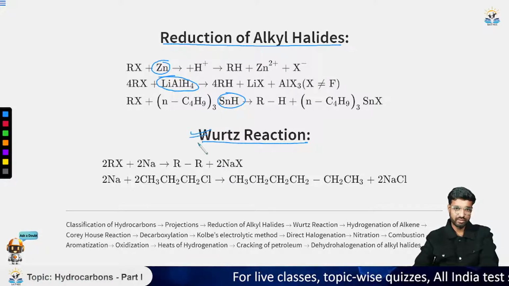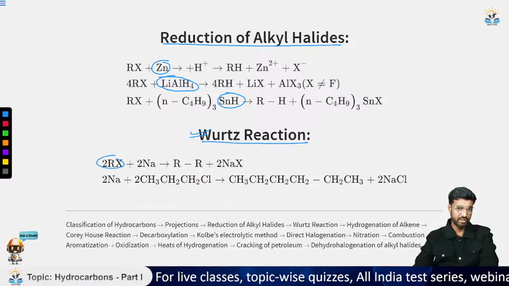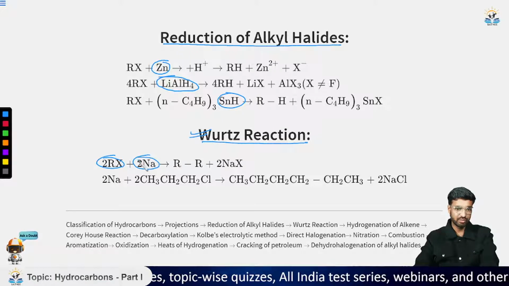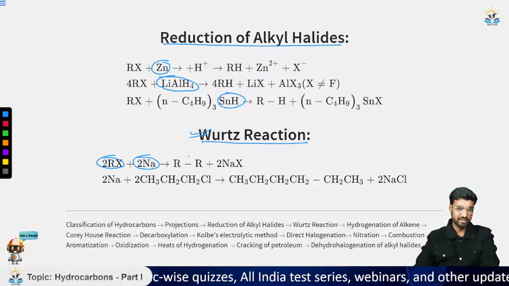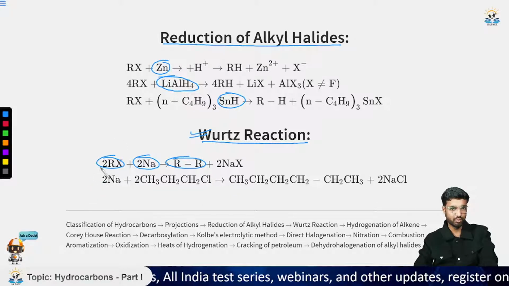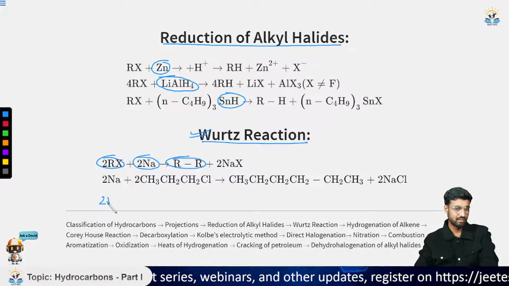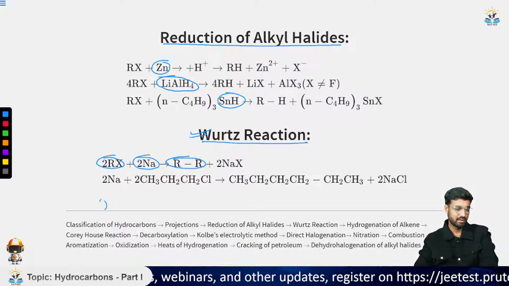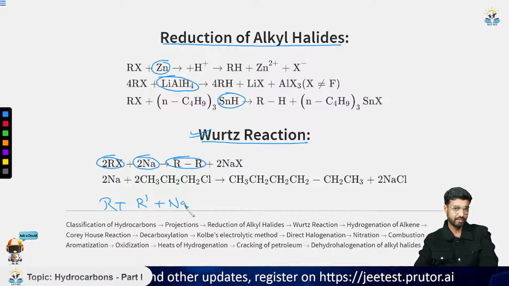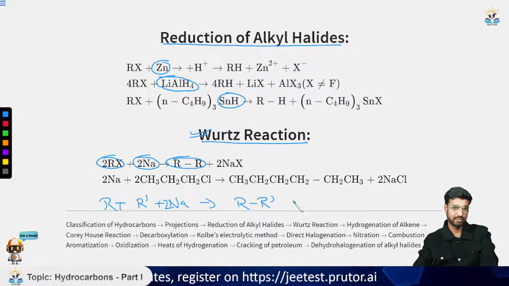Then moving to the Wurtz reaction. In the Wurtz reaction, basically we are taking an alkyl halide and using a metal, sodium, and we are getting R-R. Now if we use two different R groups, R plus R dash plus 2Na, then we will get R-R dash.